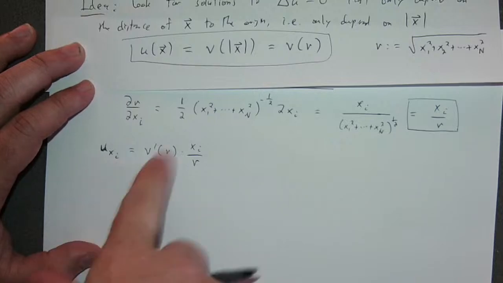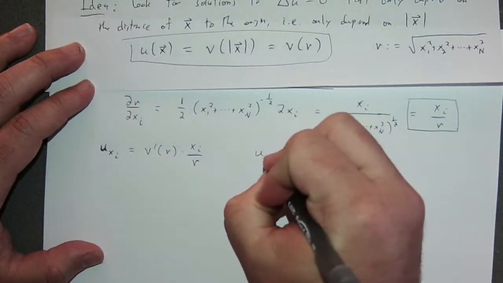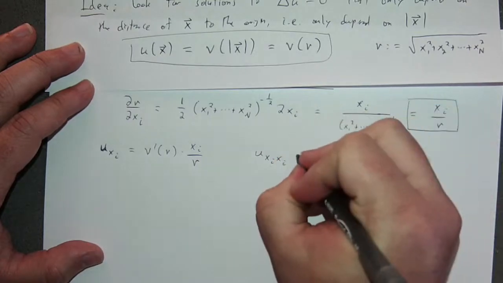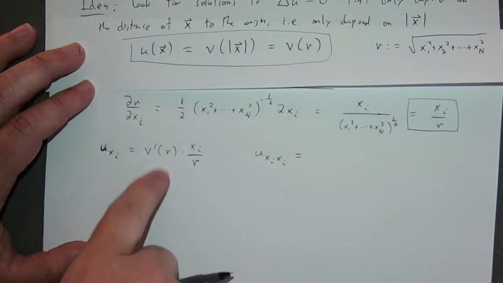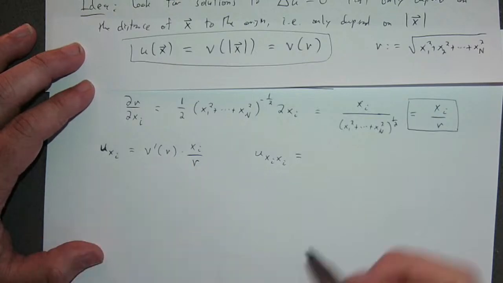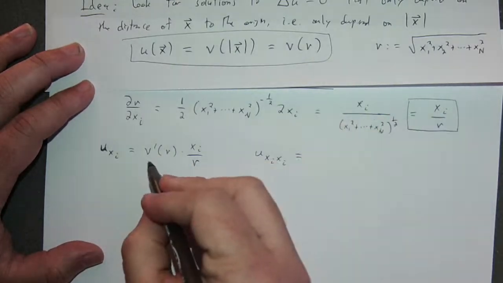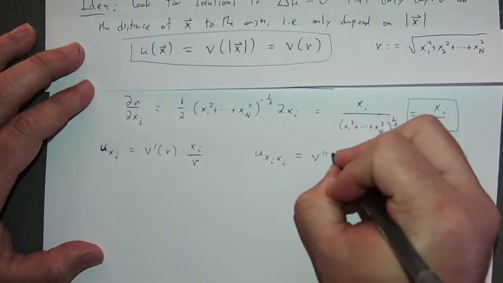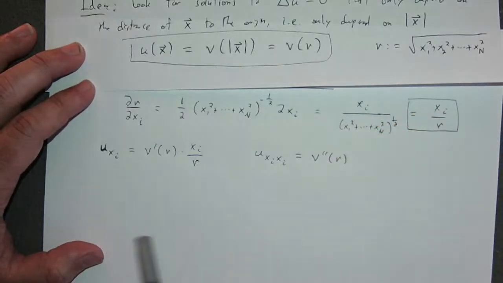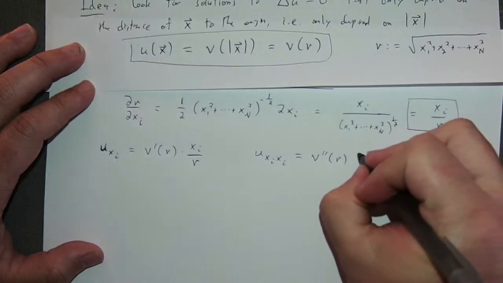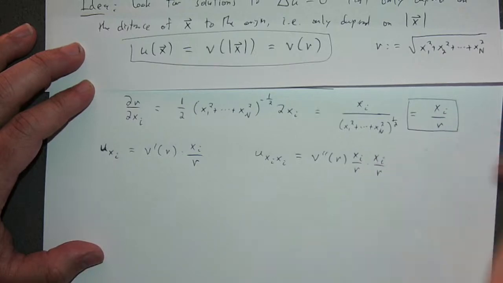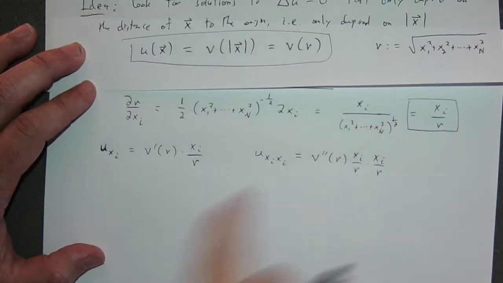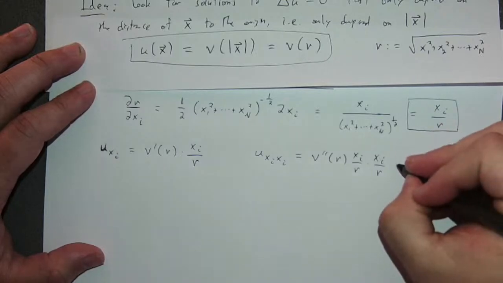And of course, now I can take the partial of this with respect to x sub i again. So for u sub x sub i x sub i, applying all my derivative rules, product rule and chain rule, what do I get? This is v double prime of r times x sub i over r times x sub i over r, which I get from differentiating v prime of r.